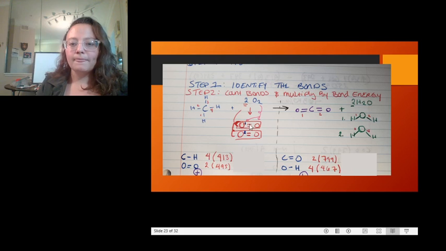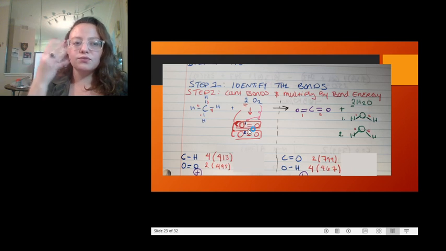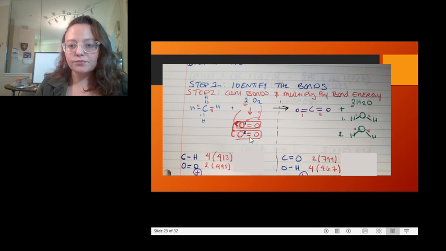So 4. We have 2 double bonds. Even though there's 4 lines, there's 2 bonds. So we use 2 to describe the number of bonds, not the number of lines. On this side, we have 2 bonds in the carbon dioxide, and we have 1, 2, 3, 4 bonds in the water.